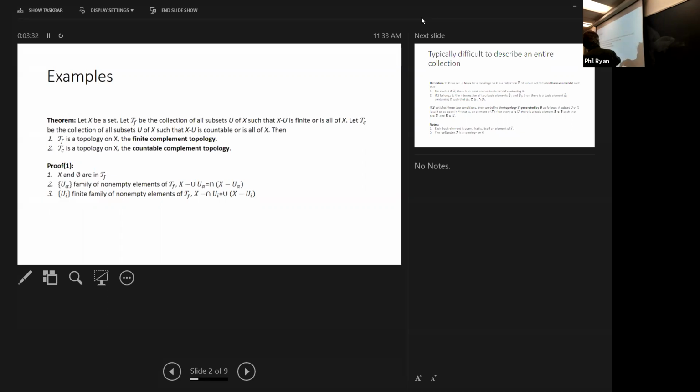When we look at the intersection of that finite family, again by the corresponding De Morgan's law, we look at the complement of that. And now this is a finite union of finite sets, and that's going to be finite. So the finiteness all sorts out.